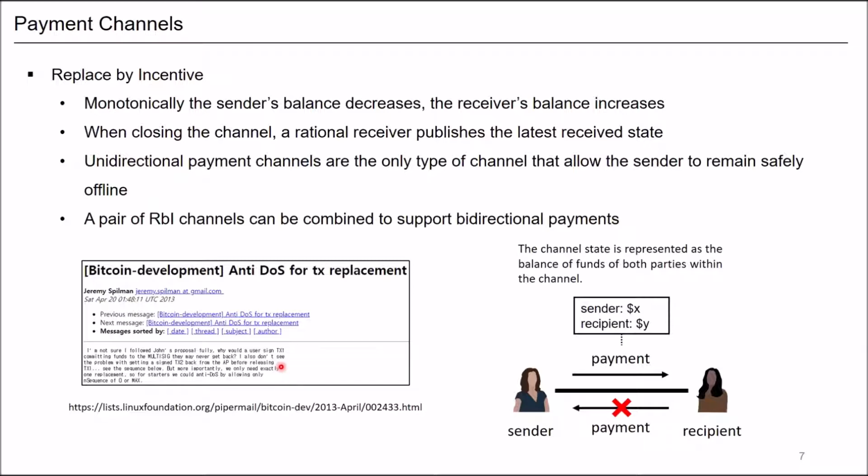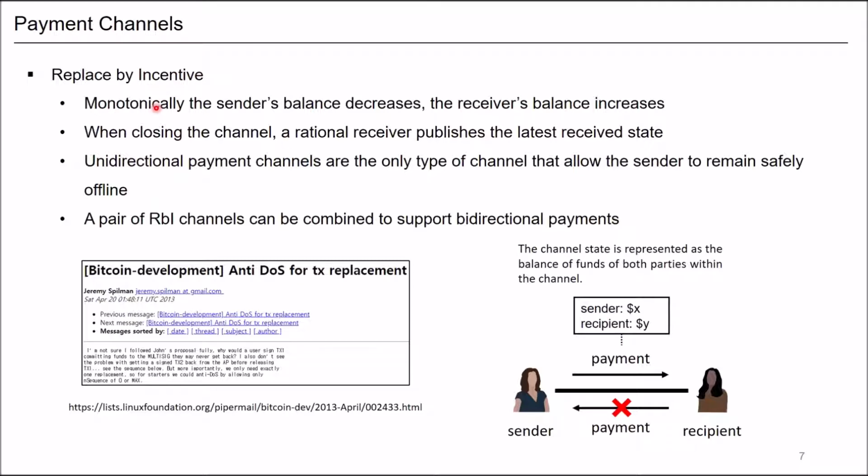This channel allows a sender to issue payments to a recipient, but the recipient cannot send the funds back through the same channel. The channel state is represented as the balance of funds of both parties within the channel.